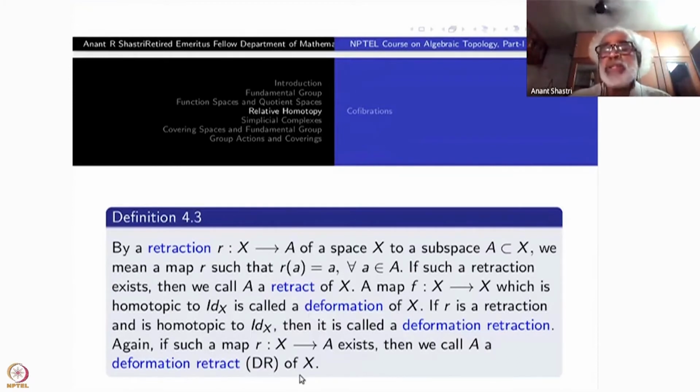So you have deformation retraction and deformation retract. A retraction and a retract. Retract is a subspace. Deformation retract is a subspace, whereas deformation retraction is the action, the homotopy, the map itself.